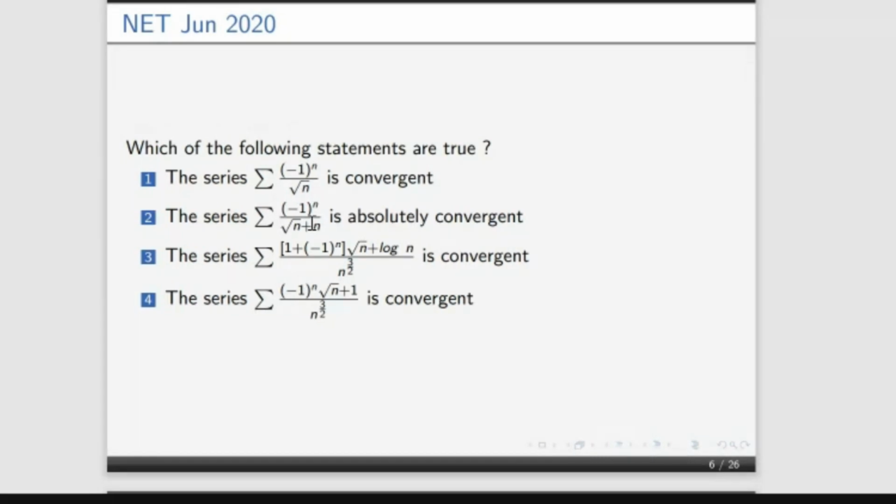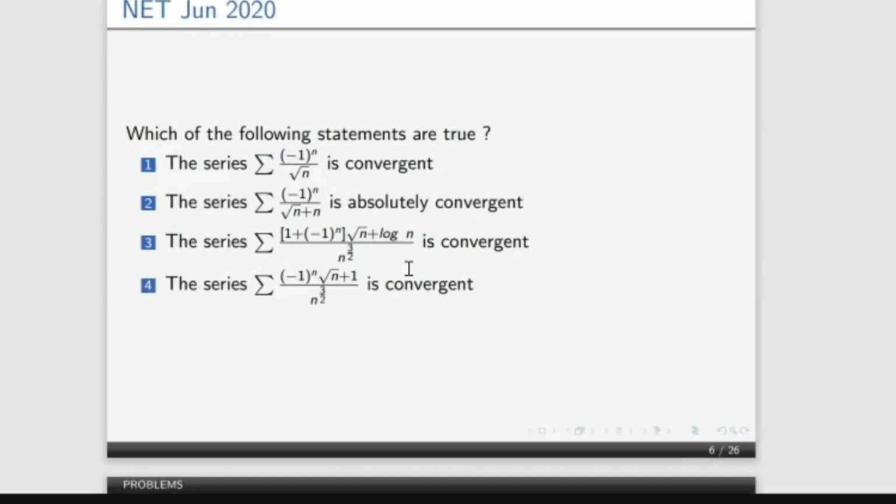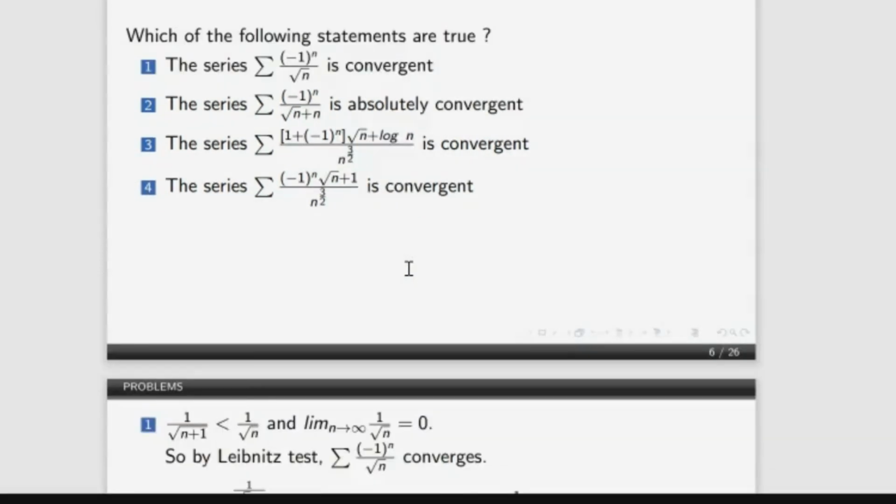Anyone has got answer 3? So I guess we can go to the answers. We have got some suggestions like 1, 2, and 4. No one has said 3. Right. So we'll go to the answer.